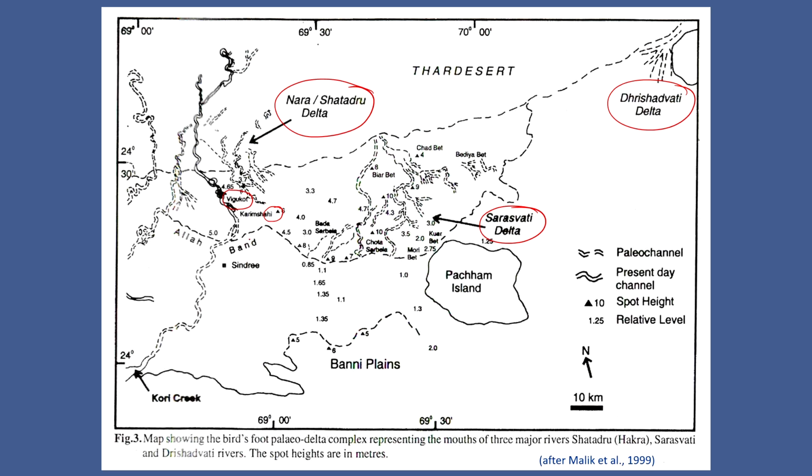So there are some archaeological sites which are also seen on the bank of this ancient river, which got disrupted probably due to the Allah Bandh earthquake. Okay, so what was the reason? The questions are straightforward: if this was the condition which we see now, then what was the reason and how were these people surviving in that area?